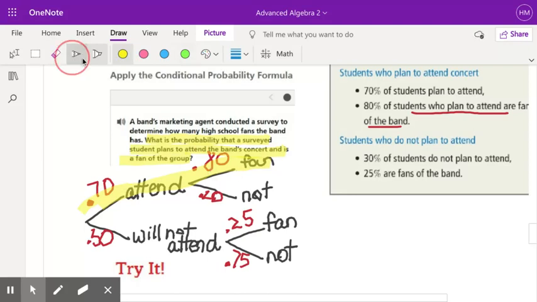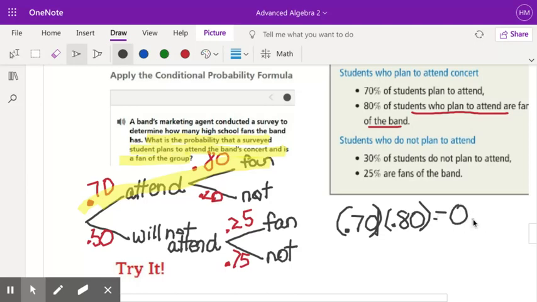So I'll do 0.70 times 0.80 equals, I'll multiply those two together, and get 0.56. So 56% chance that a student plans to attend and is a fan of the group.